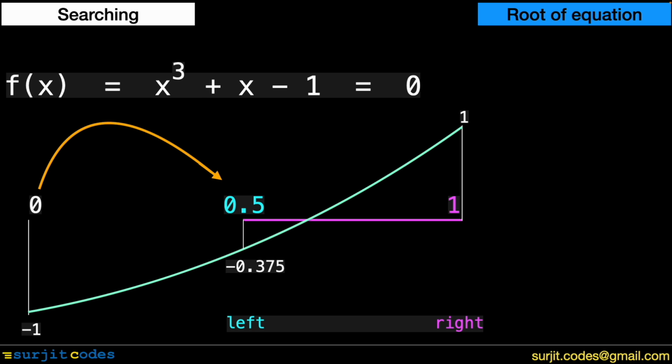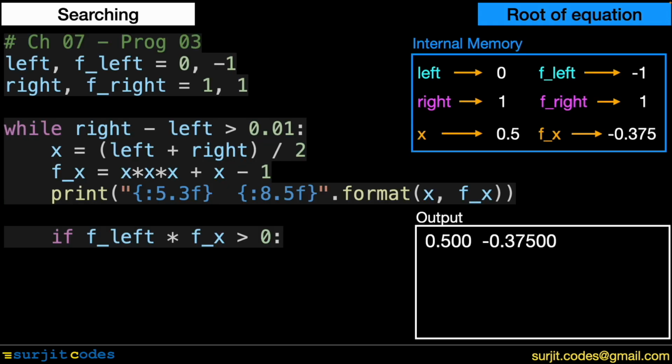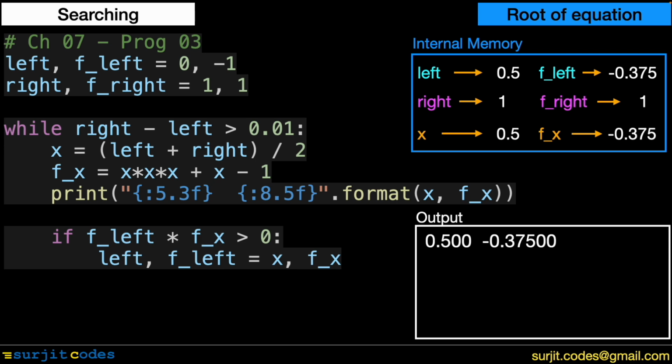Values of the function at 0 and 0.5 are both negative. We can make the sign comparison easily because if two numbers have same sign, their product is positive, which becomes the check in the if statement. If the product of function values at left and x is greater than 0, left becomes equal to x and the function at left becomes equal to fx.